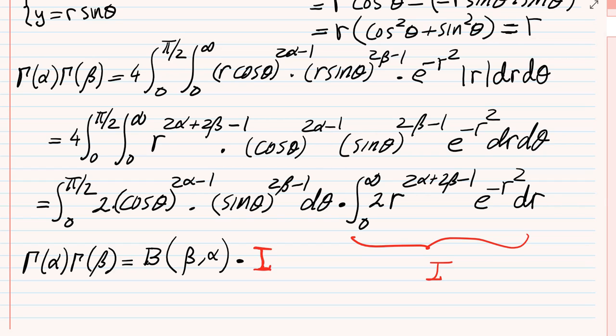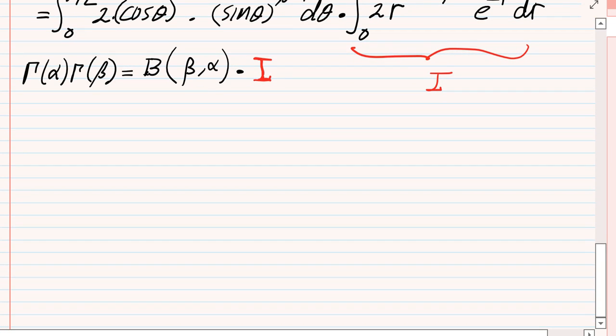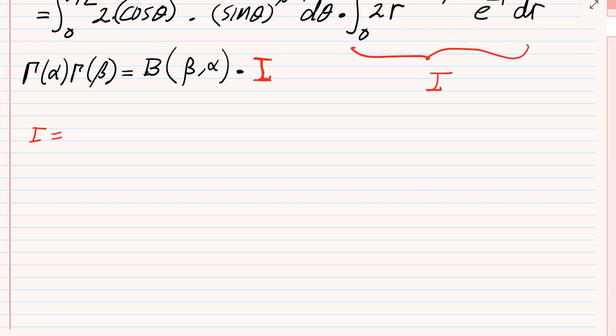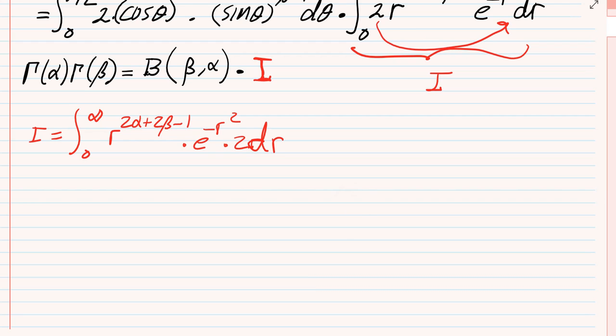Okay, now, we need to evaluate this integral. Once we do, we can bring it back here and finish this. So the integral now, I'm just going to write it as the integral from 0 to infinity of r to the power of 2 alpha plus 2 beta minus 1 times e to negative r squared times 2 dr. Now what I did, I moved the 2 in front of dr. I'll explain why I did that.